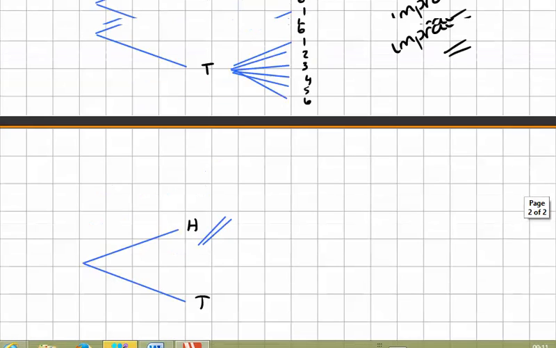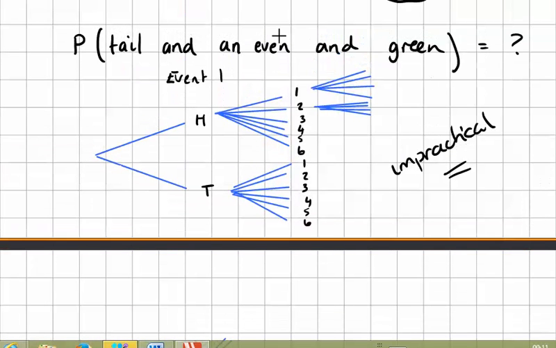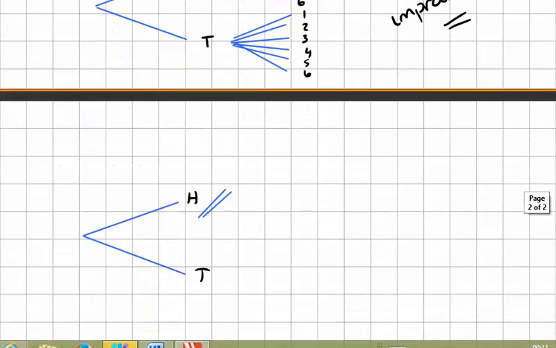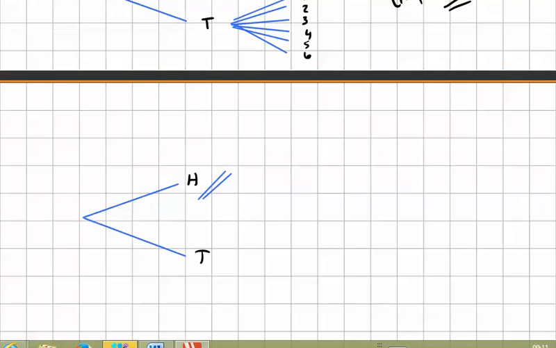It's what I'm considering here, even number. I actually only need to consider, not 1, 2, 3, 4, 5, 6, but what? 2, 4, 6. Yeah, sort of, not quite what I'm thinking of. 1, 3, 5. Because 2, 4 and 6 are all what?